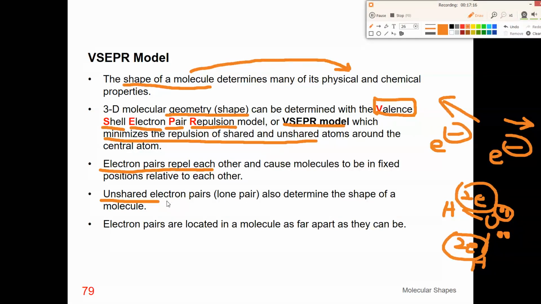No matter if it's shared or unshared, they're all involved in the determination of the 3D geometry of a molecule. So the rule is the electron pairs, basically all the bonds and all the lone pairs, are going to try to go as far as possible to minimize the interaction between the electrons. That's the foundation for the VSEPR model.